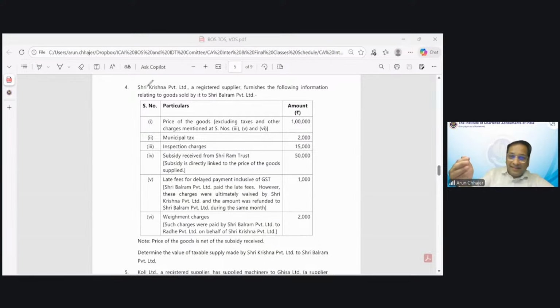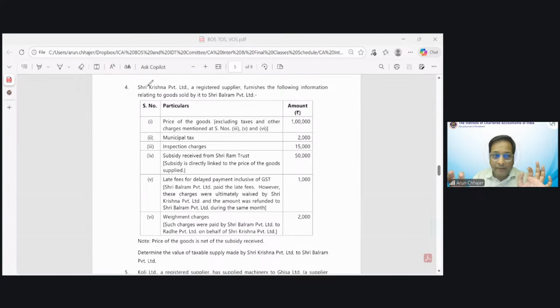Correct. I took it and gave it back. In the same month, I have taken from you and I have waived off and returned the same. Then what is the net impact? Have I taken any amount on account of the late fees? Tell me the net impact. In the same month, I will consider the net impact.